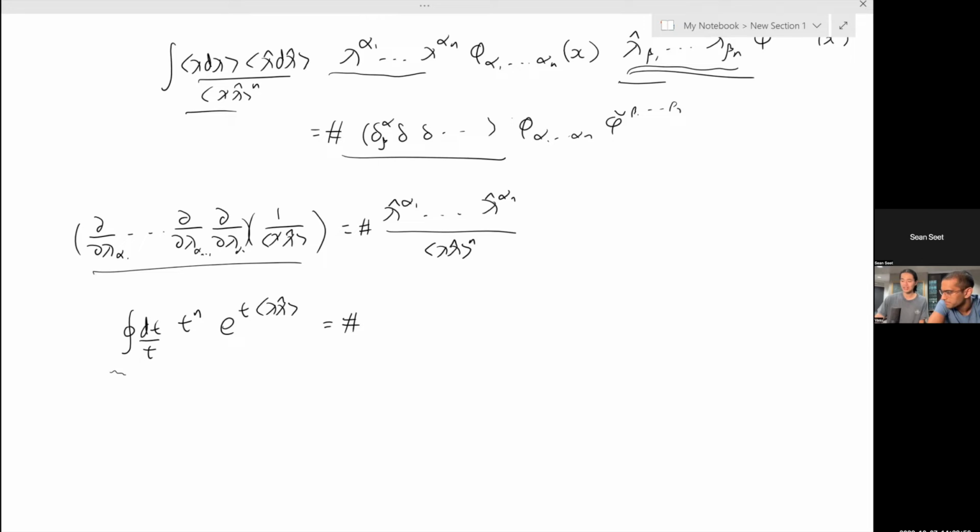And this thing is clearly this sort of exponential thing that you're talking about. So it's going to be ds over s to the n, e to the s, and then 1 over lambda hat to the n. I hope I got the scaling right. I wanted s to be t lambda hat. Okay, I see. Great, that makes more sense.